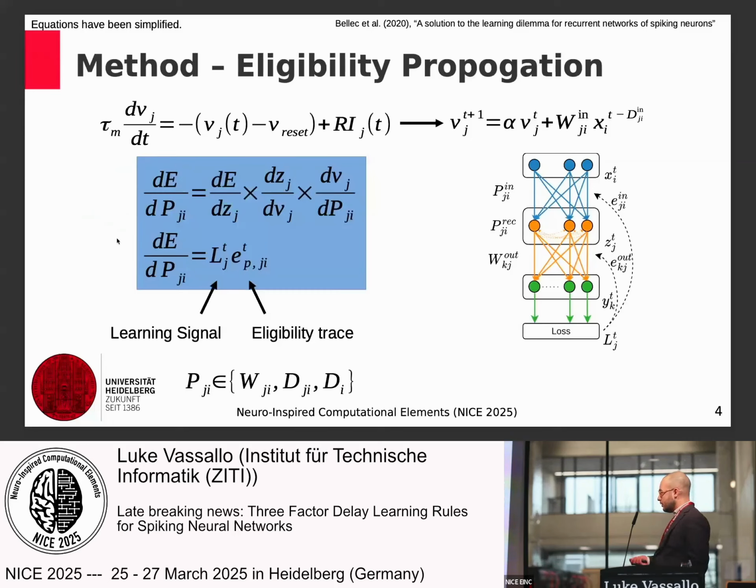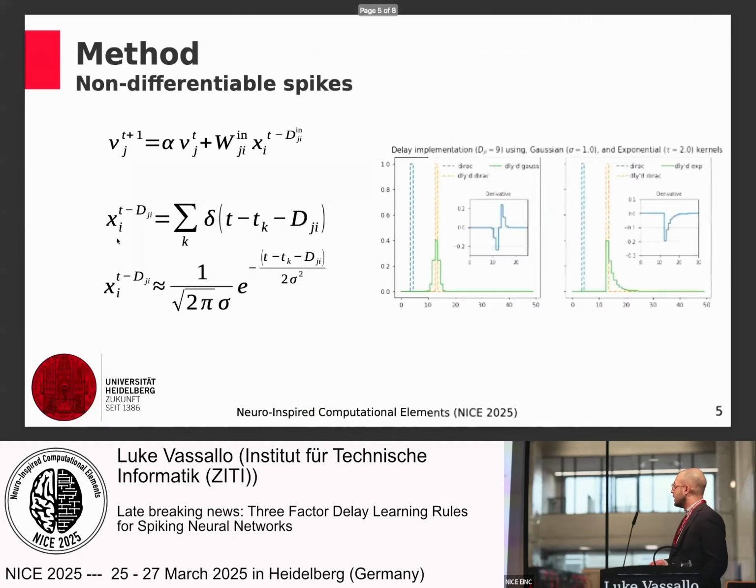In our case, the fundamental problem in applying this to delays is that we need the derivative of the membrane potential with respect to the neural parameter of interest, which in some cases is the delays. So we need to differentiate this equation with respect to the parameter of interest. For the weights, this is easy, but for the delays, we need to differentiate the spike train.